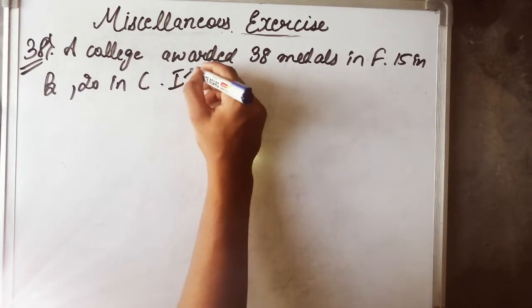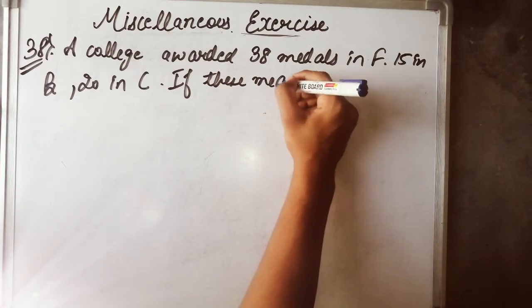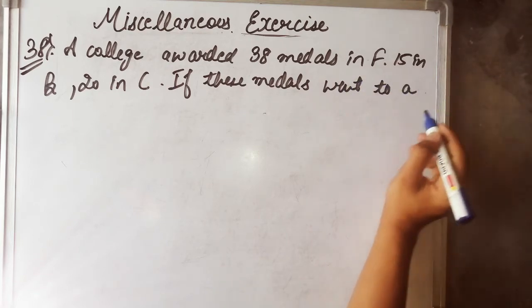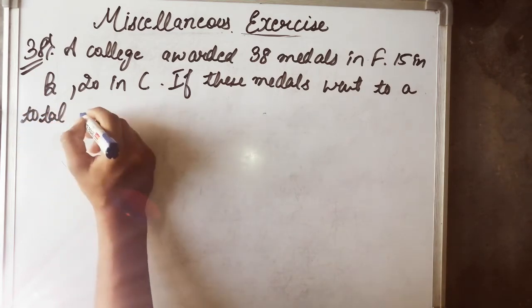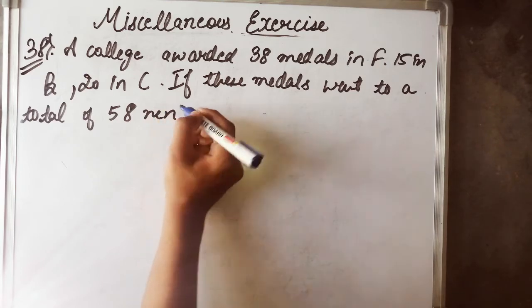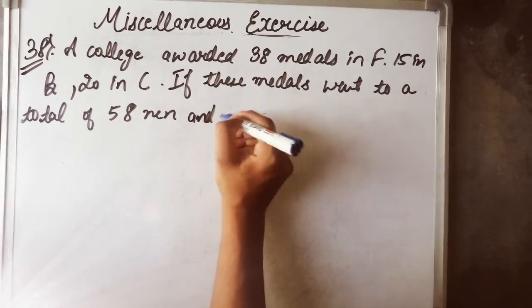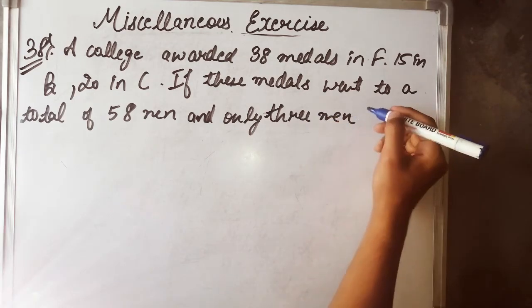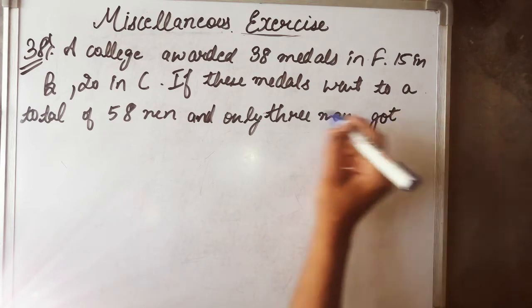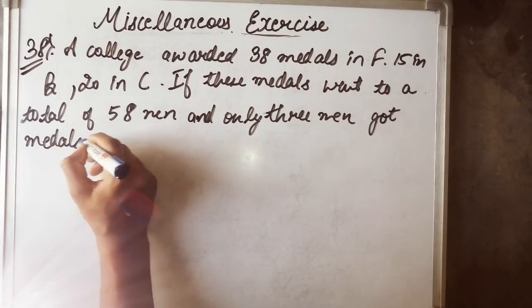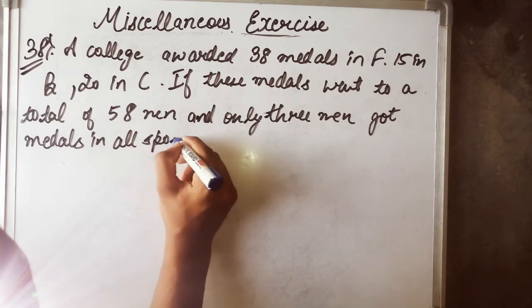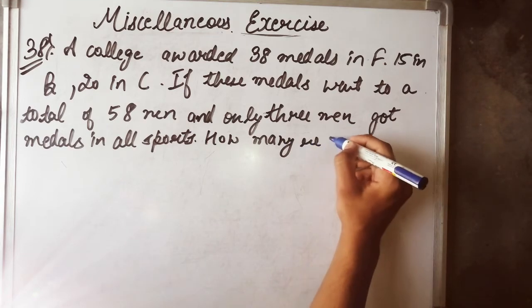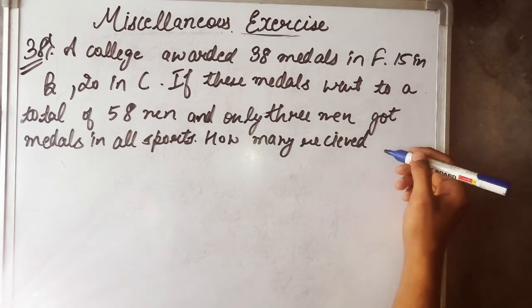If these medals went to a total of 58 men and only 3 men got medals in all 3 sports, how many received medals in exactly 2?